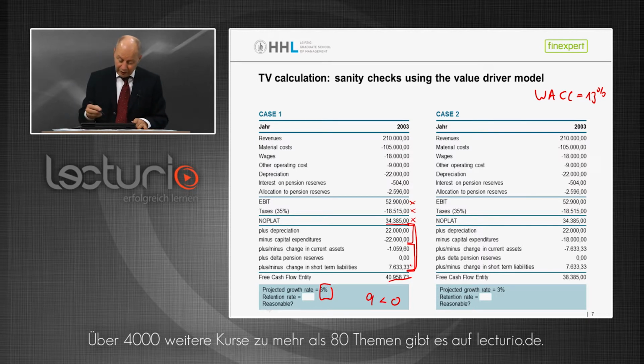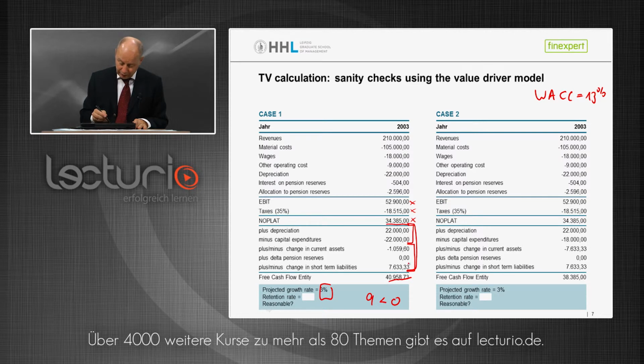And so we have a delta net working capital of minus 6 million, that is here yielding the result that our free cash flow is higher than our NOPLAT. So a negative delta net working capital may happen from time to time.